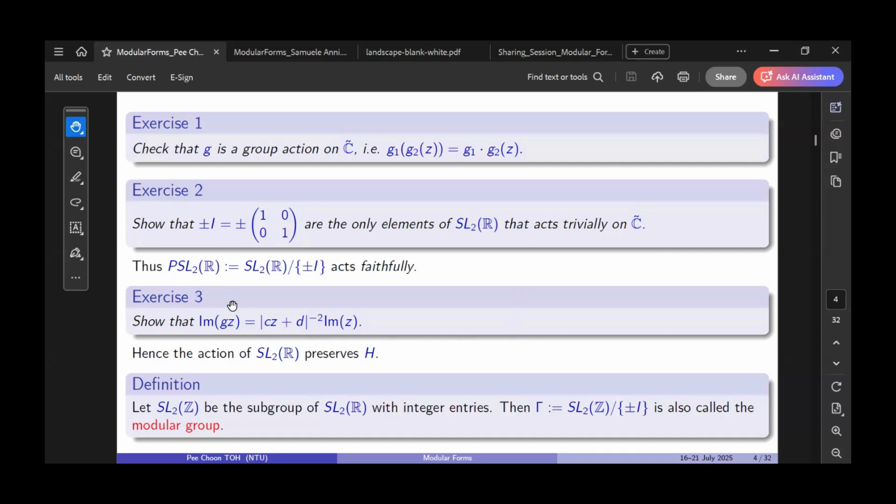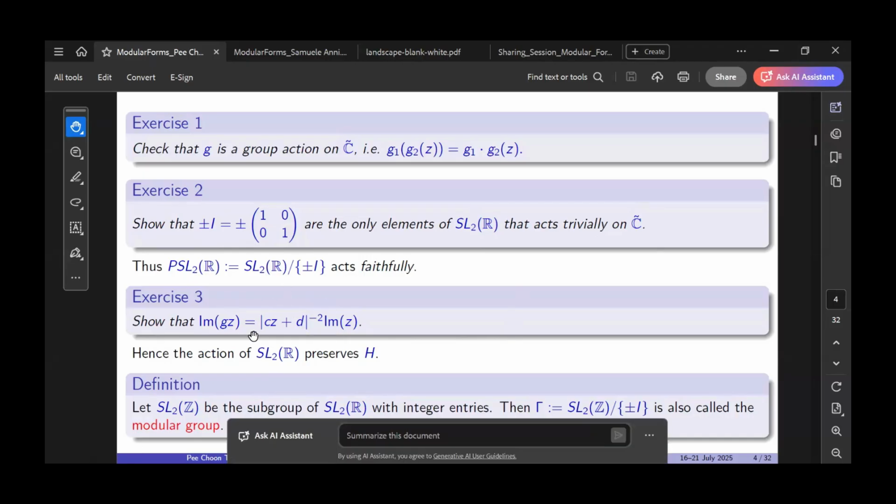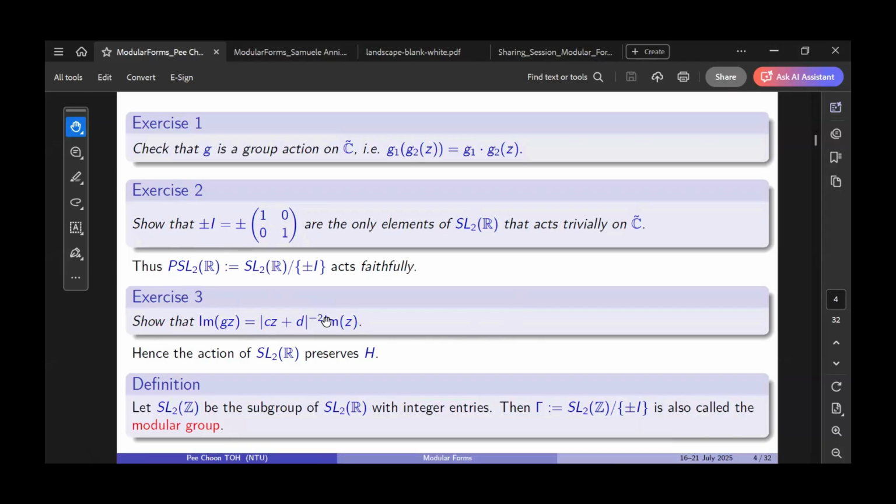And then exercise 3, we can show that the imaginary part of gz is equal to the imaginary part of z over the absolute value of cz plus d squared.